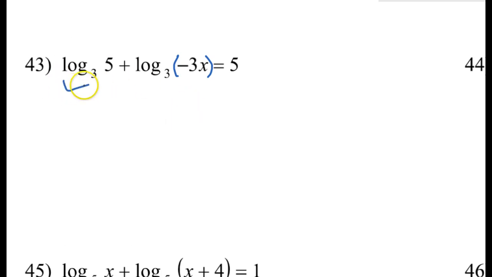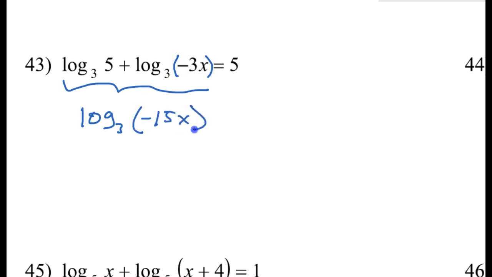So it seems like we should do the product rule and condense these down into a single log. So I could write this as log base 3, and then I'm going to multiply these together as I condense it. So that's going to be log base 3 of negative 15x is equal to 5. Does that make sense so far?